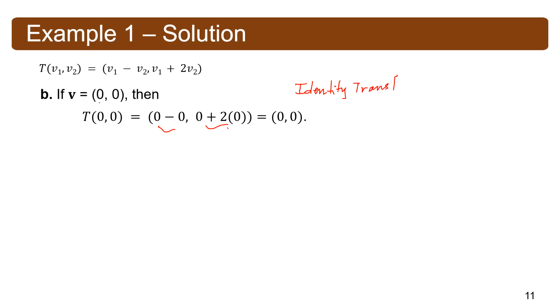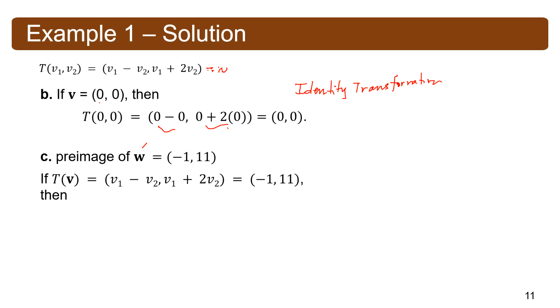All right, let's move now to the next. We are asked to find the pre-image of w, which is equal to (-1, 11). Remember that what is given here is w. So if we equate them, that's equal to (-1, 11).